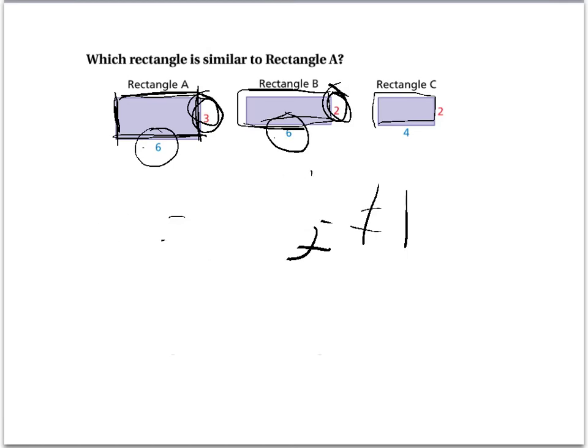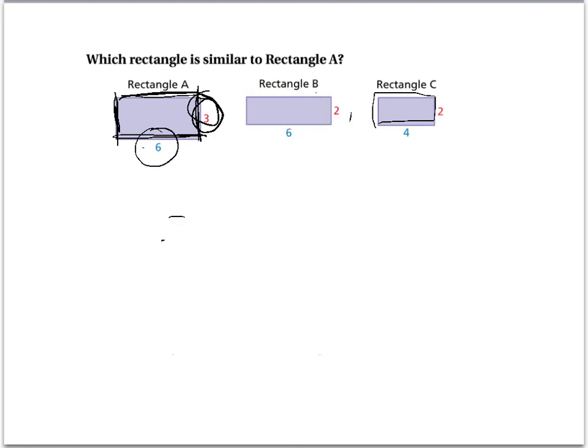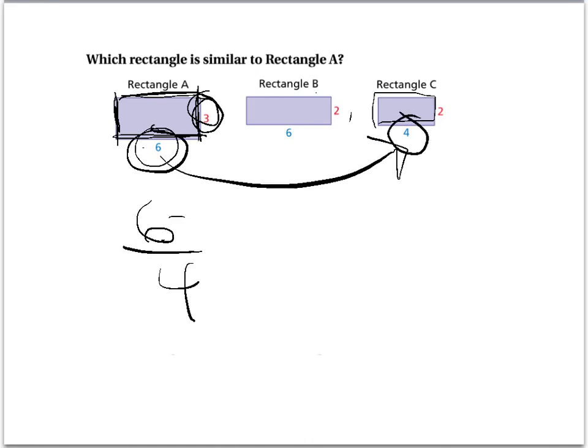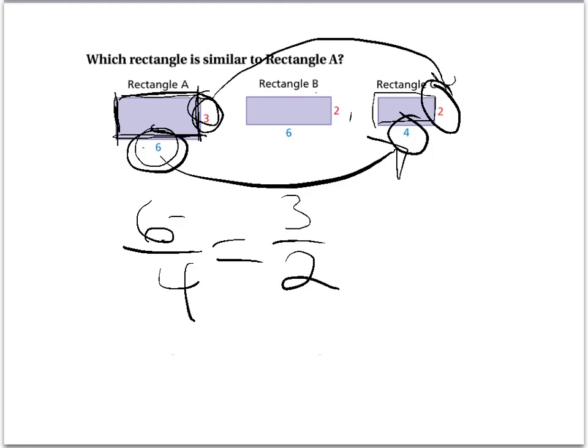Again, let me erase here. Whereas if I look at rectangle A and rectangle C, I'm looking at 6 and I'm looking at 4. Well, 6 over 4, 6 is to 4 as 3 is to this 2. Well, 6 over 4, if I reduce that, is 3 over 2. So that to that is 3 over 2. Obviously the same thing with this side, this is 3 over 2.